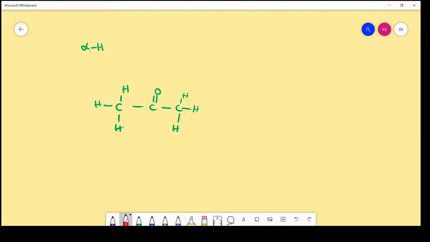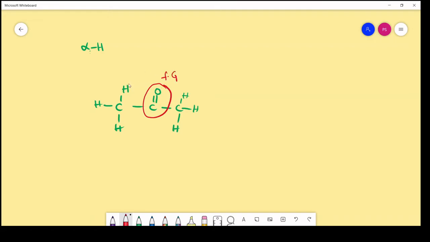Alpha hydrogen means the hydrogen which is attached to the alpha carbon. So what is the alpha carbon? The alpha carbon means the carbon atom which is just adjacent to the functional group. In acetone, what is the functional group? Keto.